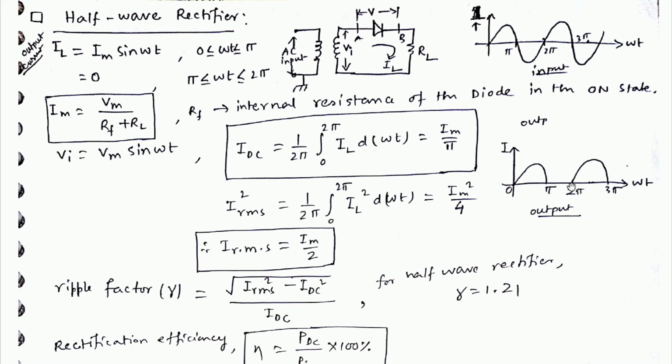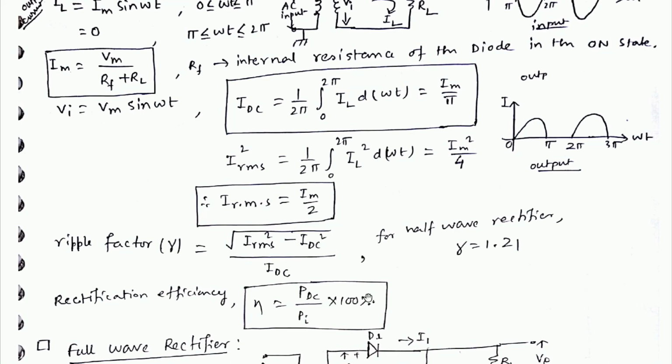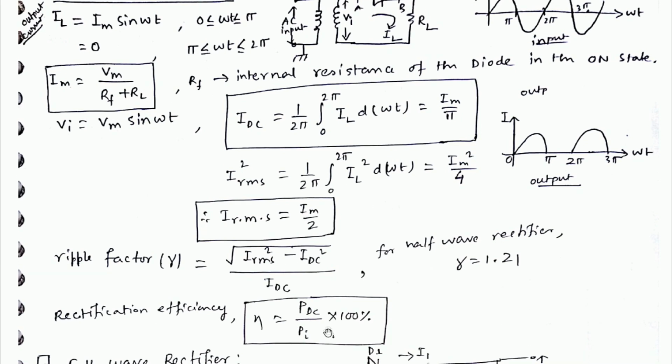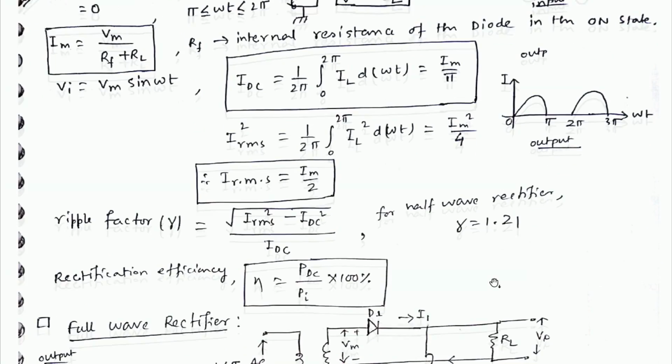So it's a half wave rectifier, and the IDC value is Im by pi, and the IRMS value equals Im by 2, and Im equals Vm by Rf plus RL. Ripple factor for the half wave rectifier is root over IRMS square minus IDC square, divided by IDC. For the half wave rectifier, gamma equals 1.21. Rectification efficiency eta equals PDC by Pi into 100%.